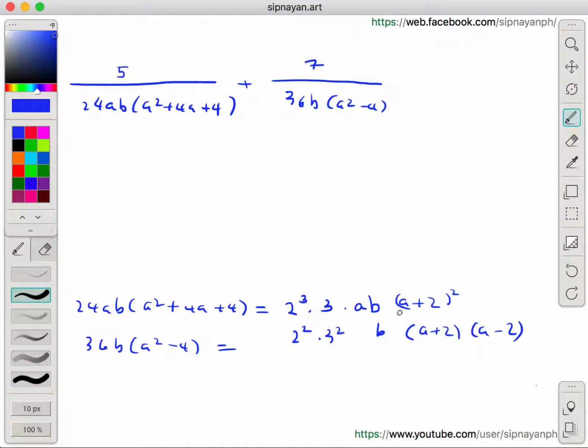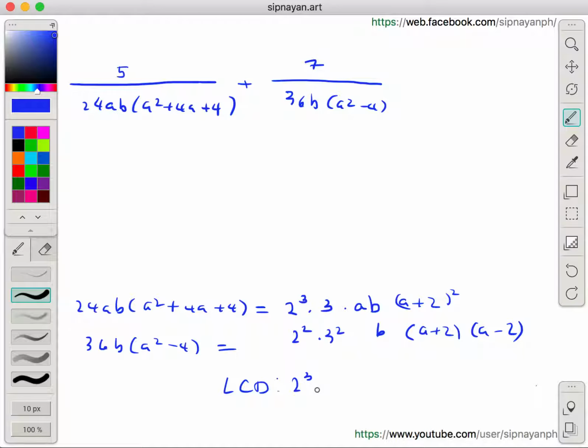Now, pag na-factor na natin na ganito at na-express na natin siya in exponent notation, we are now ready to get the LCD. So, paano kinukuha yung LCD? LCD or LCM. Pag magkapareho yung base, kukunin natin yung mas malaking exponent. So, 2 cubed and 2 squared, we get 2 cubed.